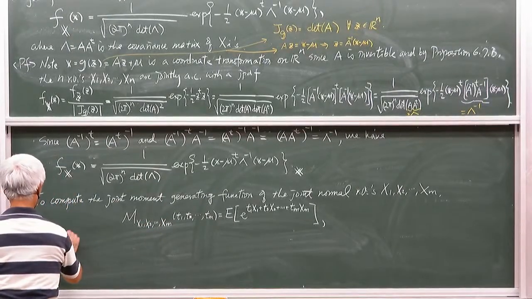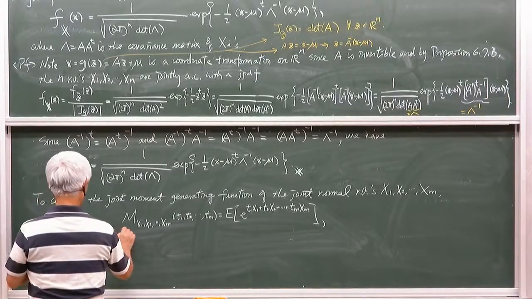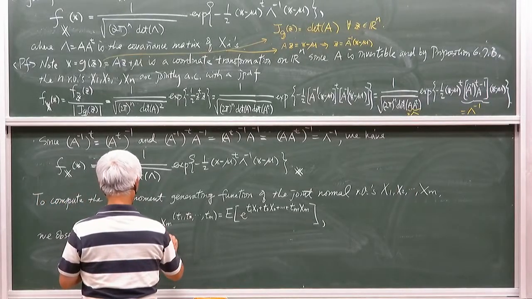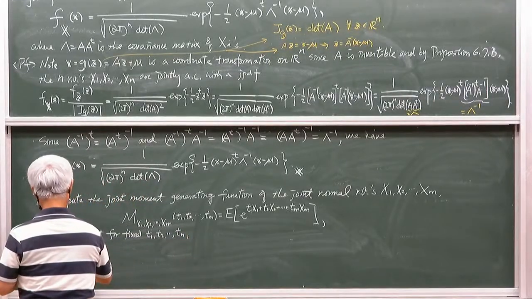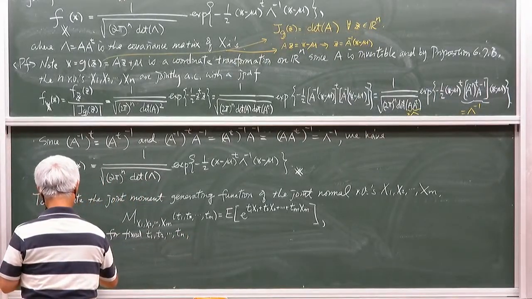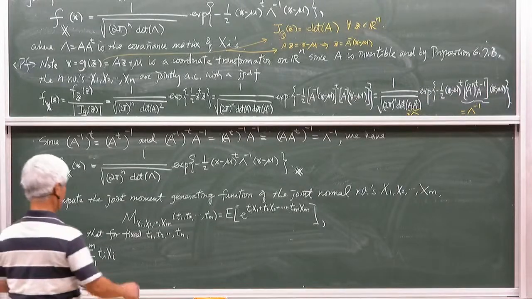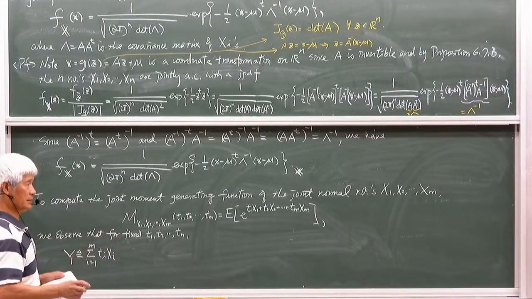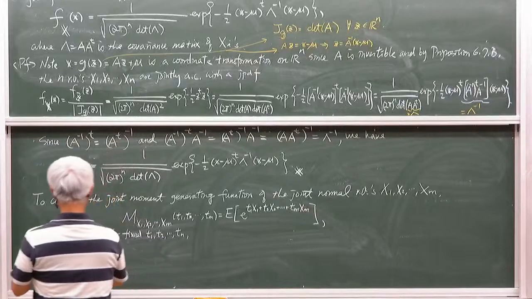We observe that for fixed parameters t1, t2 up to tn, Y is the linear combination of the xi, right? Because we fix t1, t2 up to tn, we use them as coefficients to form a linear combination.